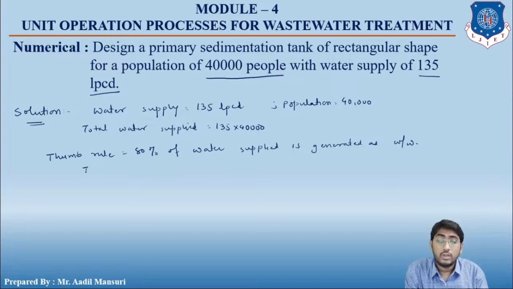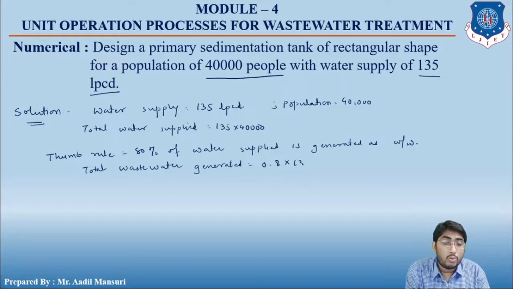So total wastewater generated equals 0.8 into 135 into 40,000. Clear, students?